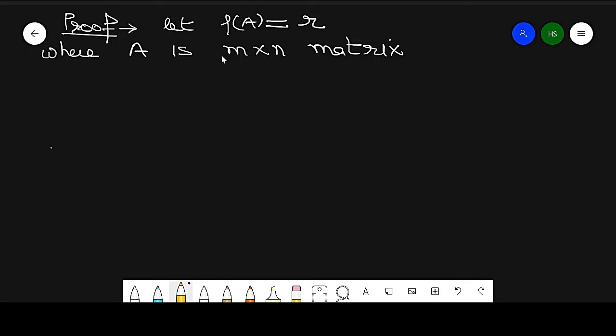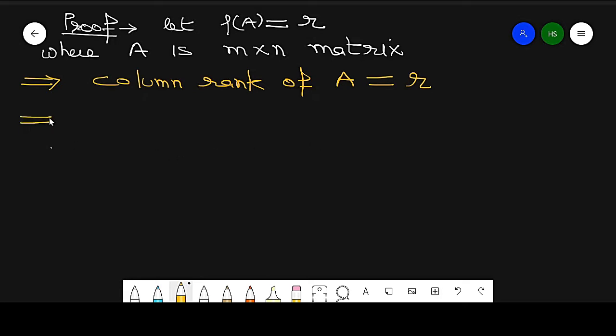So this is the rank of A. Remember, it implies the column rank of A is r, because row rank and column rank are the same. So the column rank of this A is r.